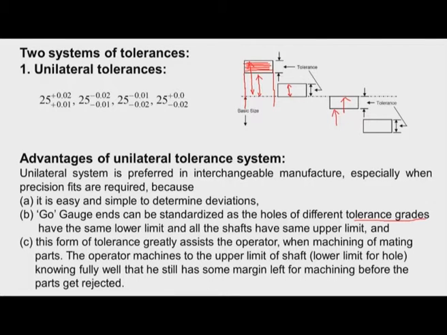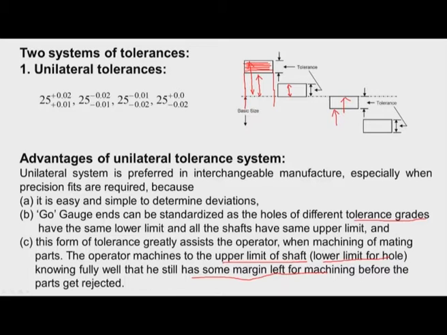And this type of tolerance greatly assists the operator when machining mating parts. The operator machines to the upper limit of the shaft or lower limit of the hole, knowing fully well that he still has some margin left for machining before the parts get rejected.